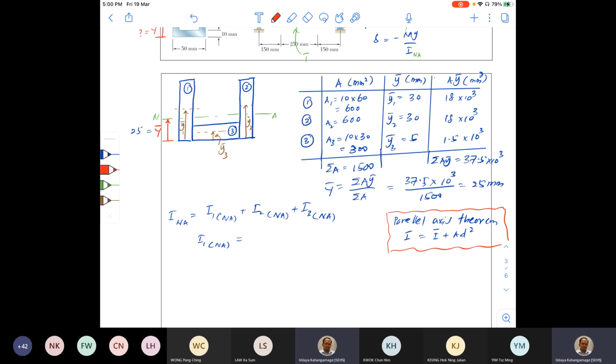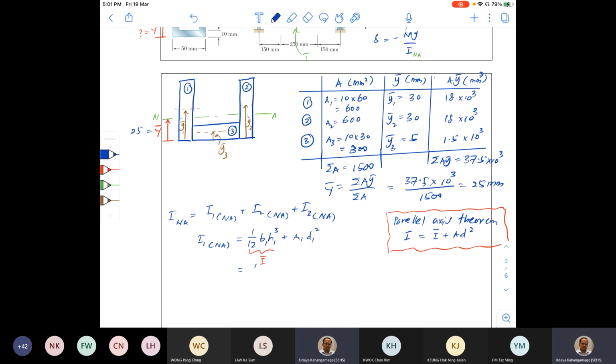So now that way I can write my I1 about the neutral axis. It is equal to 1 over 12 B1 H1 cubed. That is the I bar, about its own centroidal axis. Then plus A1 and D1 squared.